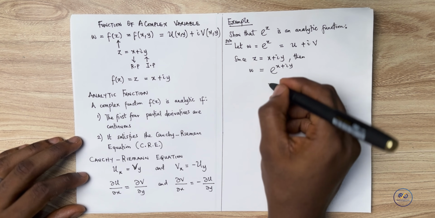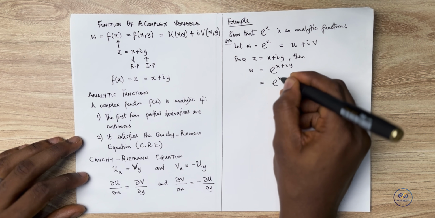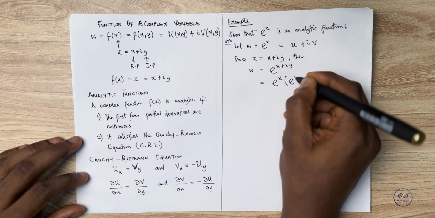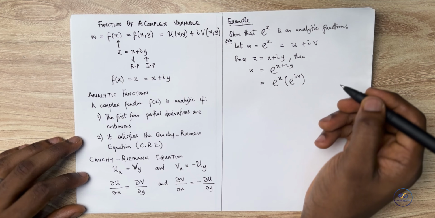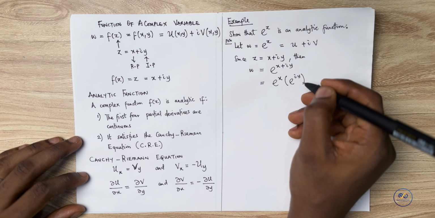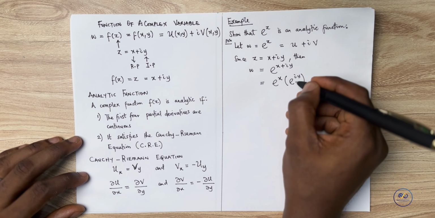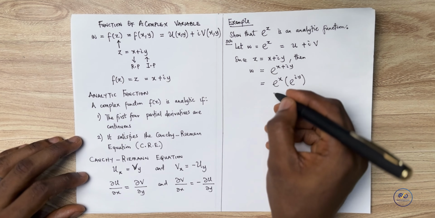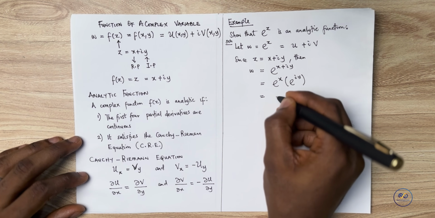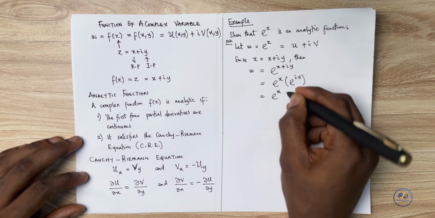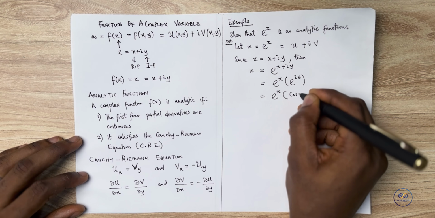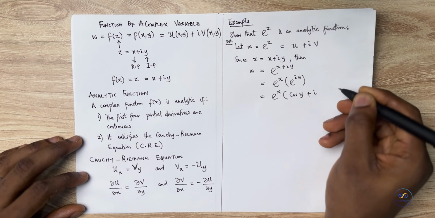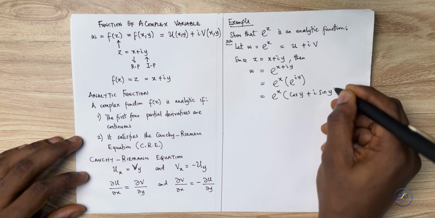Now, by the laws of indices, we can write this as e raised to the power of x multiplied by e raised to the power of iy, right? But by the relationship between the exponential form and the polar form, we know that if I have e raised to the power of iy, it's as if I already have another complex number inside, which can then be written as cos y plus i sin y, right?